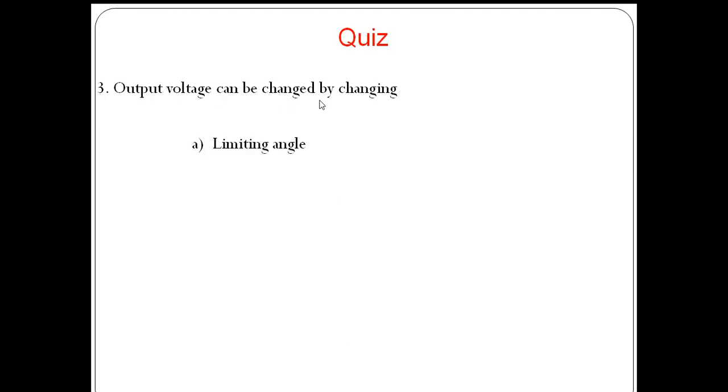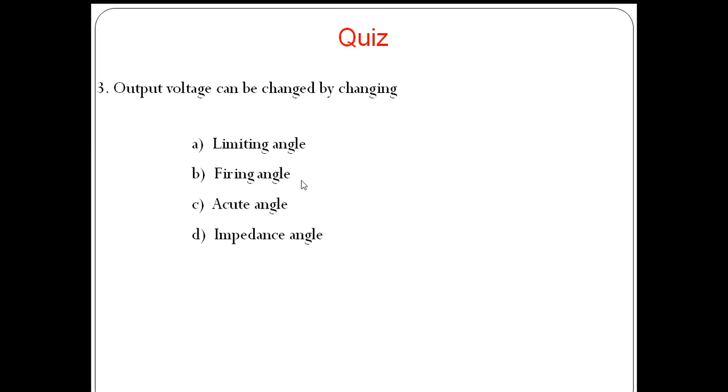The output voltage can be changed by changing limiting angle, firing angle, acute angle, impedance angle. Here the output voltage will be controlled by the voltage control process. The voltage control process will be done by using the phase control mechanism. The phase control mechanism will be done by adopting firing angle control.